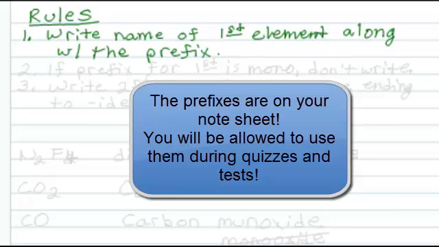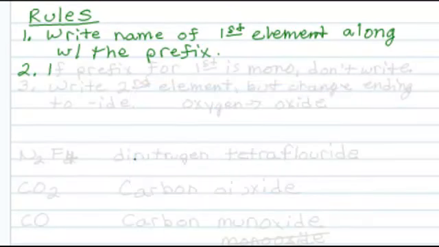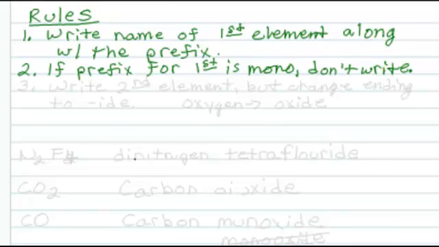Now, if the prefix for the first one should be mono, then you don't write it. So carbon dioxide has 1 carbon, but you don't say monocarbon dioxide, you just say carbon dioxide.